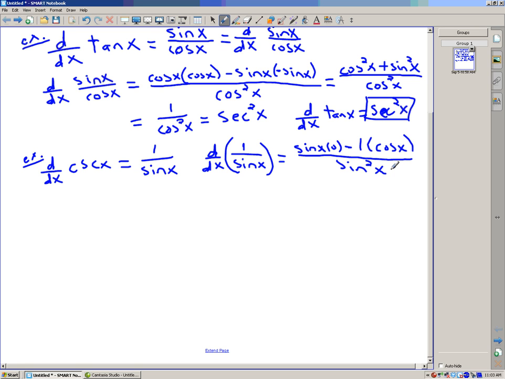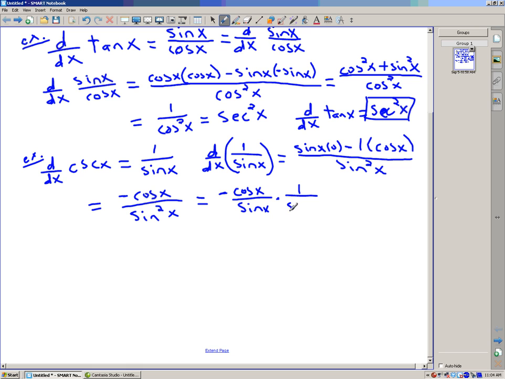All right, let's clean that up. So we've got negative cosine on top and then sine squared on bottom. And that is our derivative, but it's usually not written like that. So let's see if we can't separate this into two fractions. We could write this as negative cosine of x over sine of x, and then times 1 over sine of x.